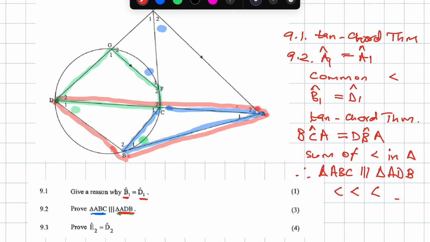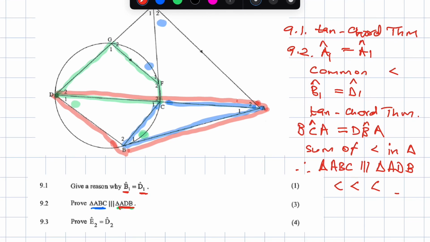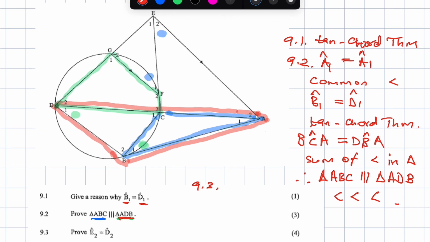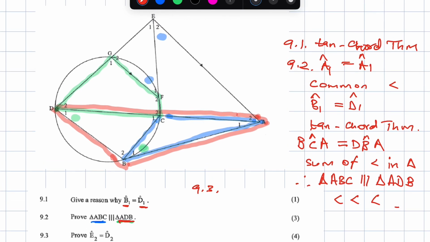Okay. Then the last question, now 9.3. They say here, prove that angle E2, which is this angle E2, equal to angle D2. Okay. And remember, we've said that this green shape is a cyclic quad.